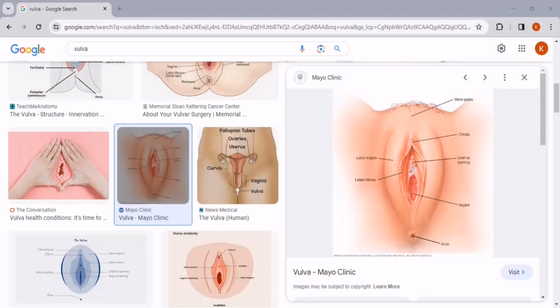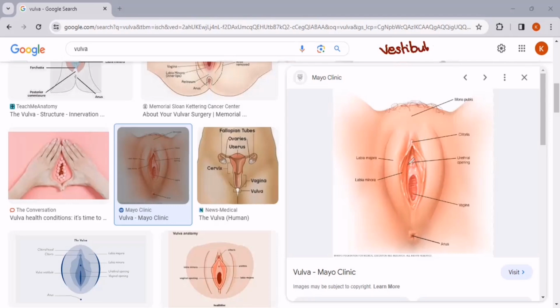And then the opening. When you part your mouth, even before you get into the oral cavity, the space between your teeth and your lips is called the vestibule. You can imagine this is the lip.